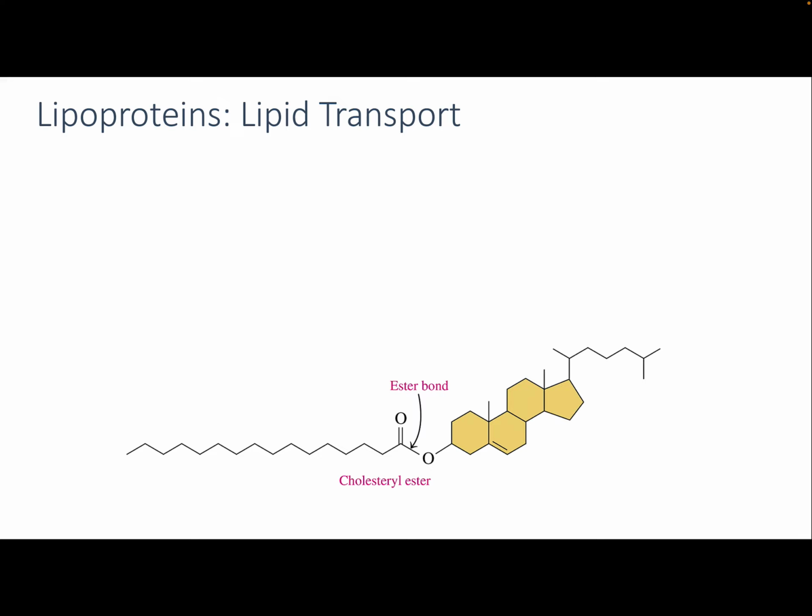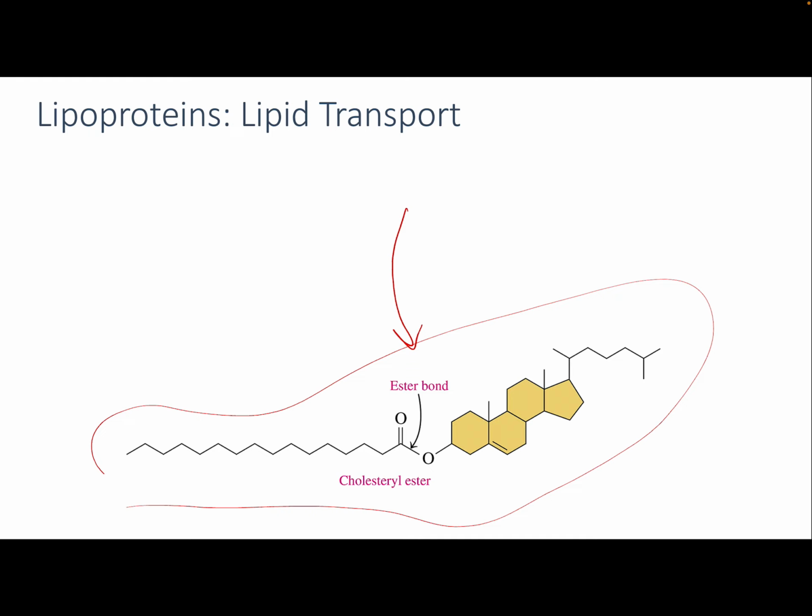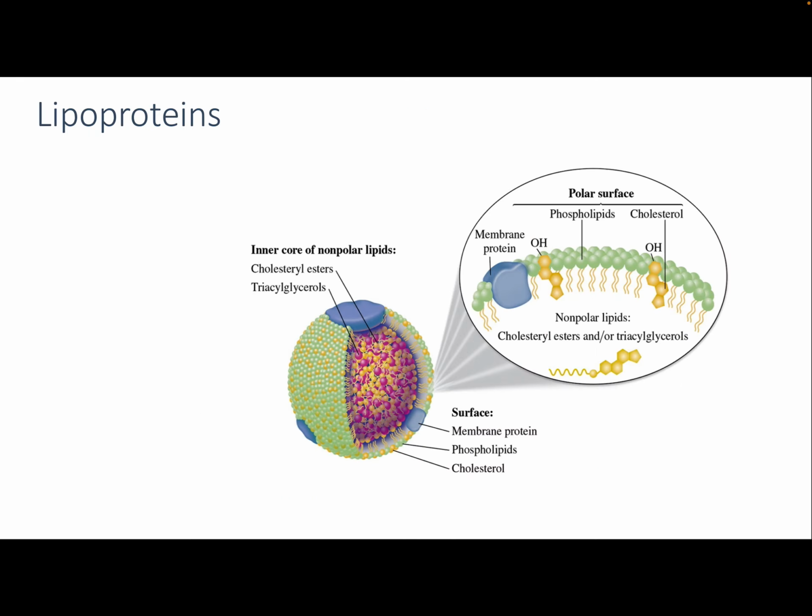One of the molecules that gets transported by these lipoproteins is actually cholesterol. Cholesterol is transported as this cholesterol ester. So you can see it's very nonpolar here, which means it would not mix with our blood. And so we need lipoproteins that are both polar and nonpolar in just the right ways, right?